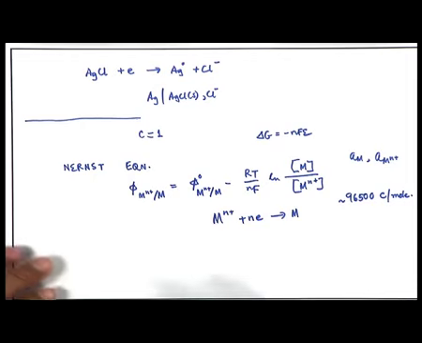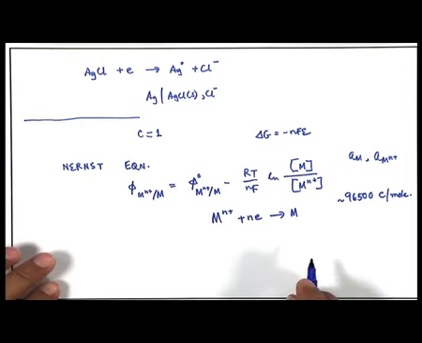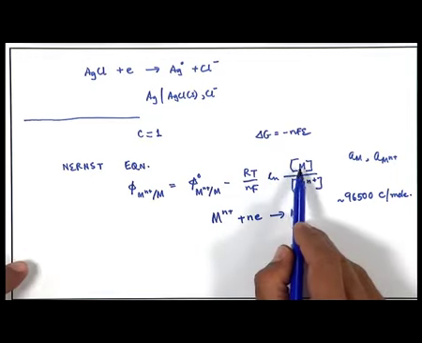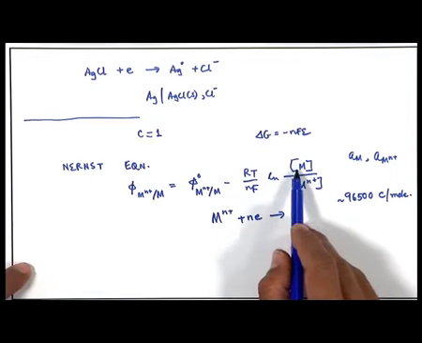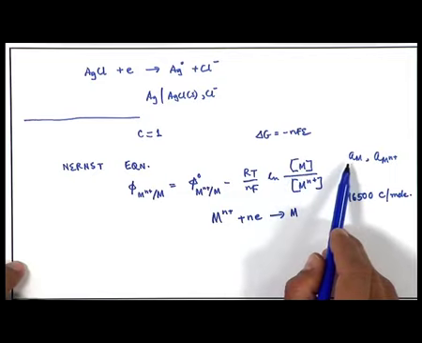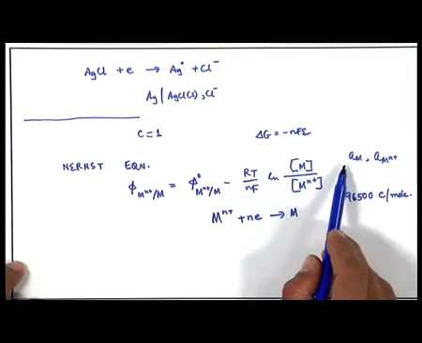Okay. So, therefore, for solids and gases, or if it is in the pure state of aggregation, this numerator, for all practical purposes, you can take to be equal to unity. That means activity is taken to be unity for pure state of aggregation.